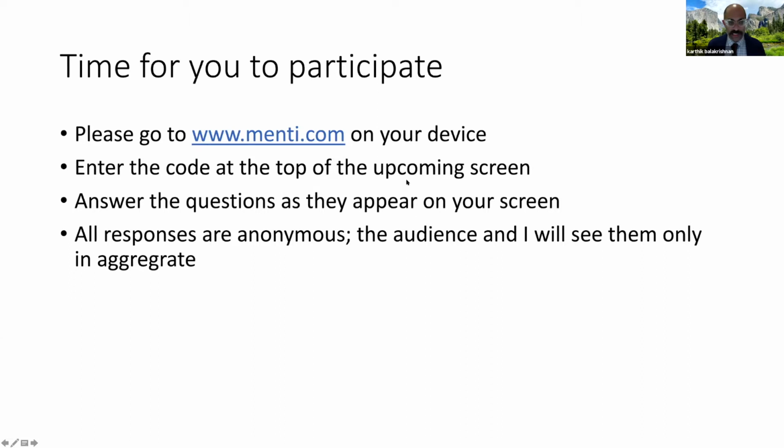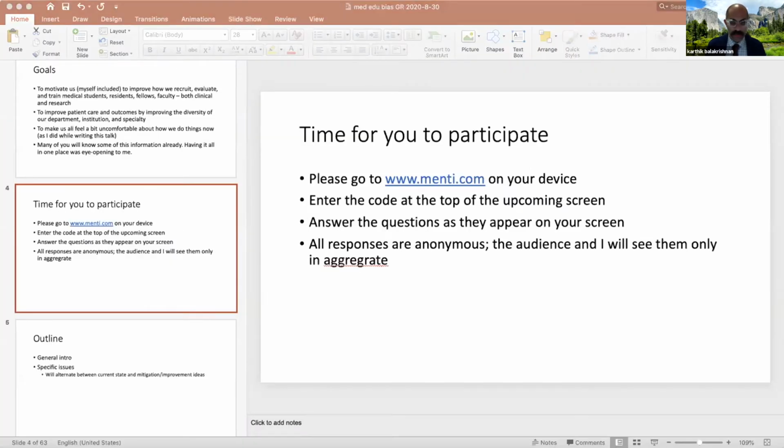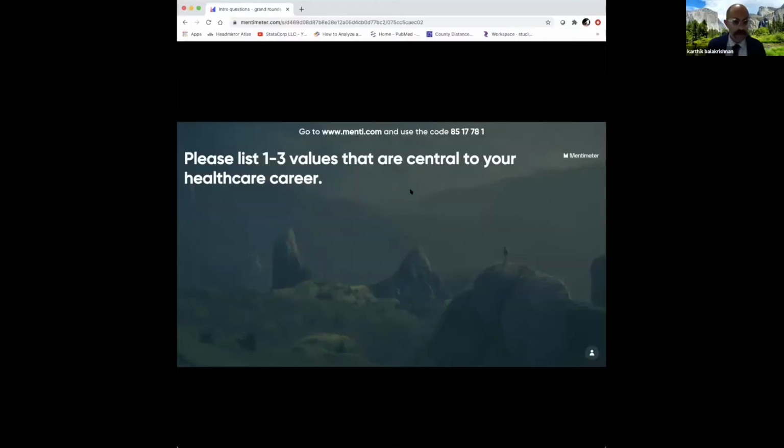If you can go to www.menti.com on your device, I'm going to pull up and share a screen here with you, and I'd like you to type in the code at the top of the screen, 8517781, and you'll see a question on your screen, and the question says, please list 1 to 3 values that are central to your healthcare career, or if you're a researcher or scientist, then your healthcare or basic science biomedical research career.